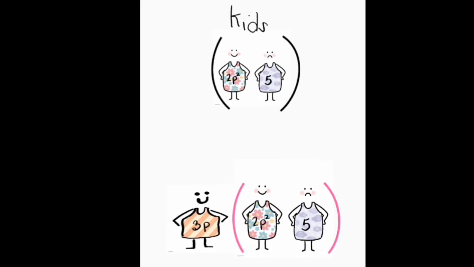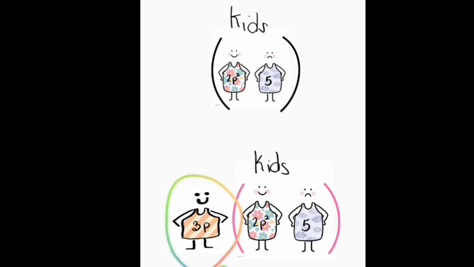Which group represents the kids? These are the kids. Now, I'm trying to show you something. Whenever there's a parenthesis with nothing right beside it, you are looking at a kids group. When something's right on the outside, the group in parenthesis is still the kids group.